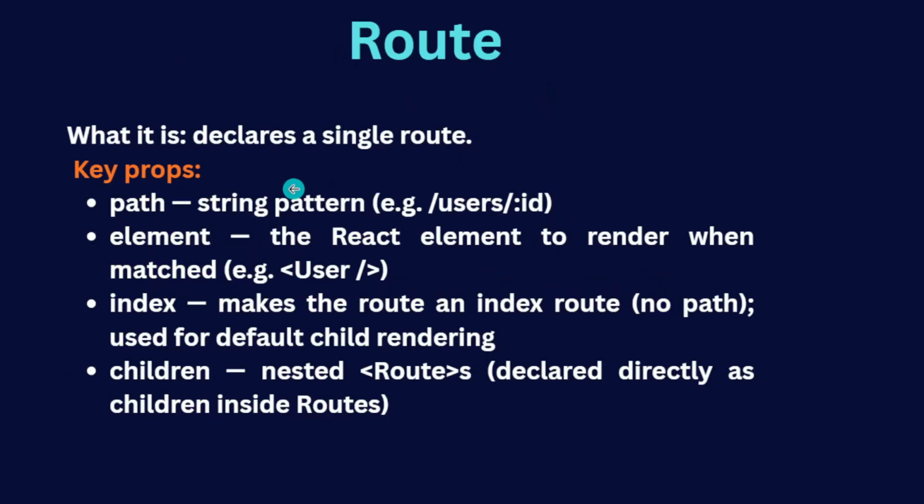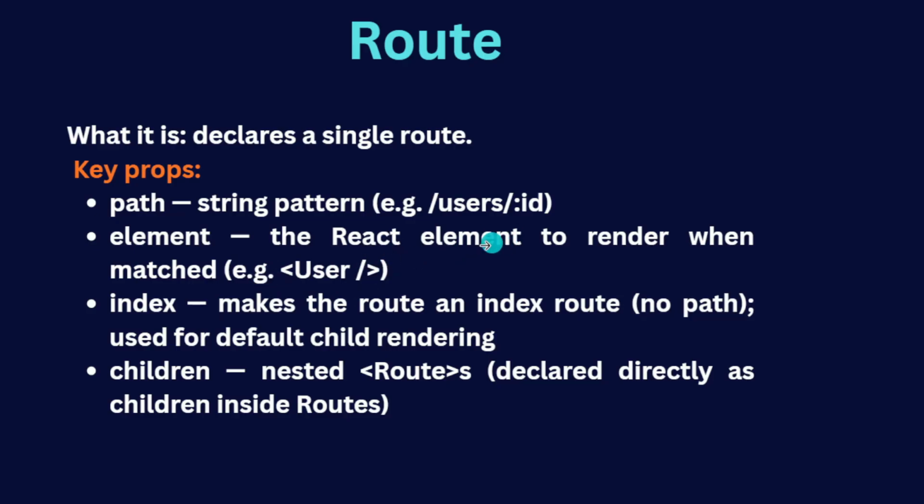It declares a single route. Key props are path, a string pattern, right? This is a path, and element, the React element to render when matched. Notice, element is not a hook, not a component. So it renders an element. When I say element, you have to do it like this, right? This is an element, not a component.